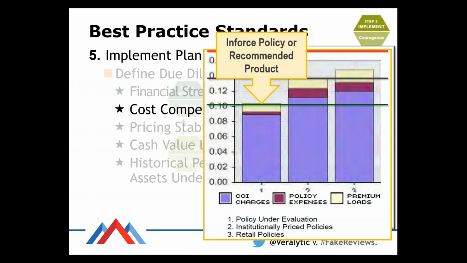You can see that the bar on the far left-hand side, those costs are 40% less than the middle bar, which is the benchmark averages for all comparable policies. And if you're at or near 40% lower than the benchmarks, then you're in the realm of best available rates and terms.